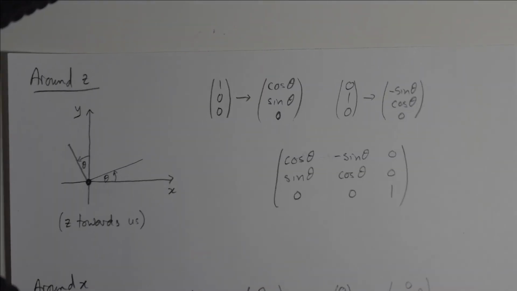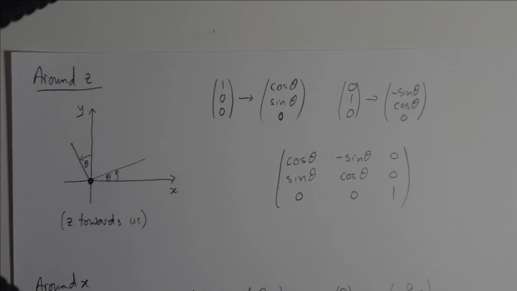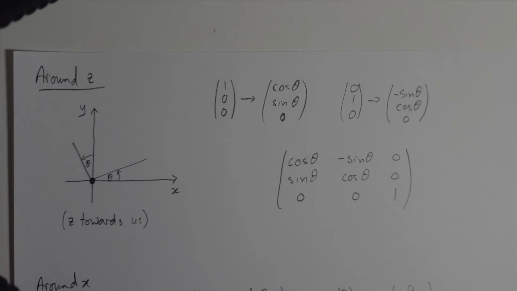Now, a completely different way of understanding which direction is positive and which one is anti-clockwise, you could instead set it up so that one of the axes is pointing in your face, and the other two axes have no real choice.